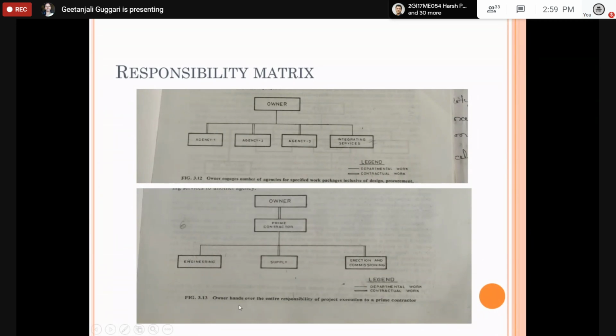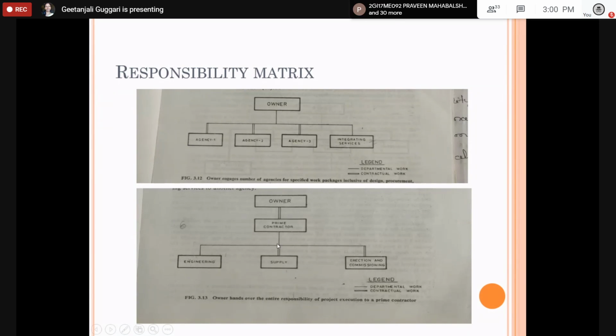One more: owner hands over the entire responsibility of project execution to the prime contractor itself. So the owner is the leading team, but he is handing over everything to the prime contractor so that the project is completed or executed by the contractor itself. So after the owner, you will find the prime contractor.